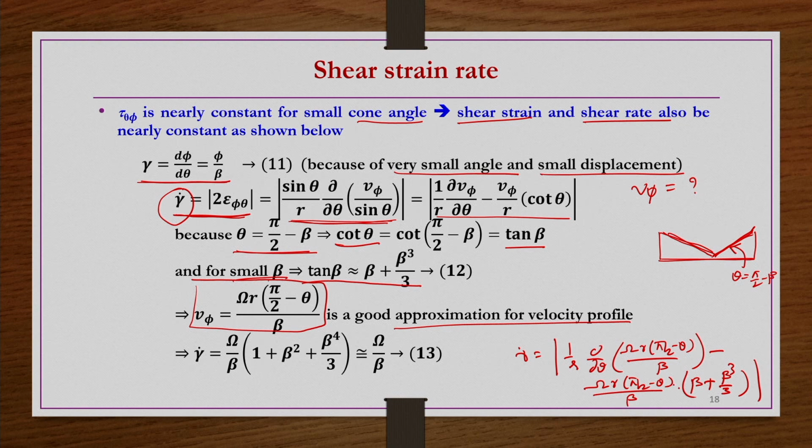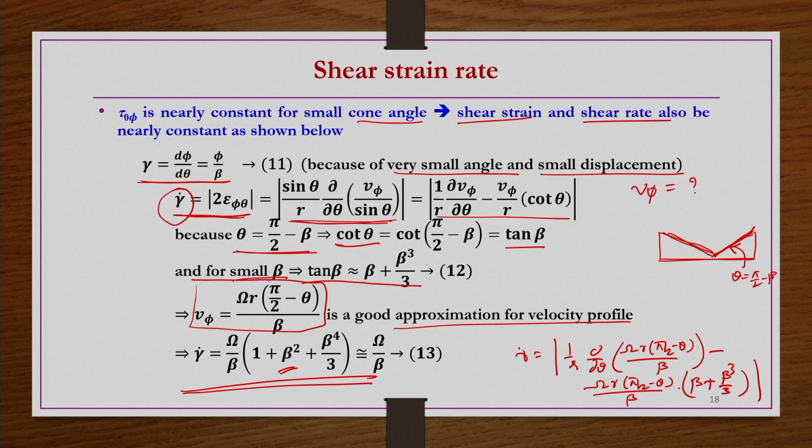Further simplification gives omega by beta multiplied by 1 plus beta square plus beta power 4 by 3, which approximately we can write as omega by beta, because beta is very small, so beta square and beta power 4 terms would be negligible.